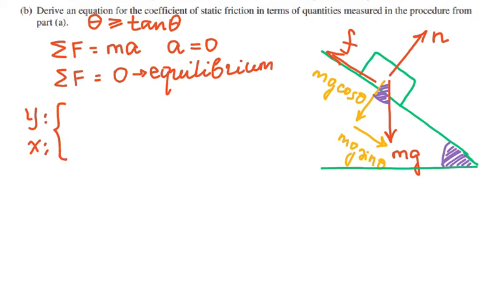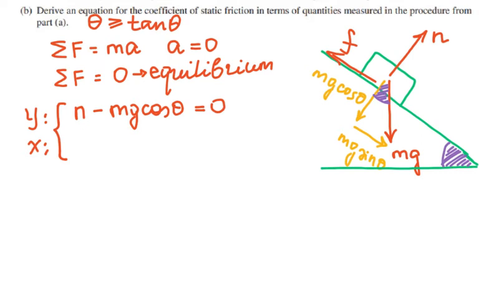On the y-axis, you have two forces: the normal force pointing up and a negative force pointing down, which is mg cosine theta. And because they're balanced, the acceleration is equal to 0.